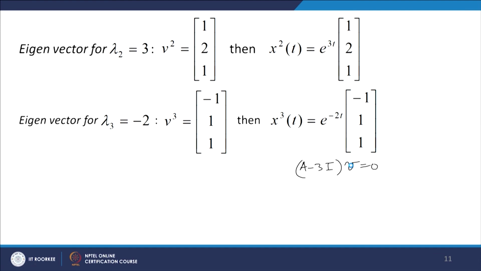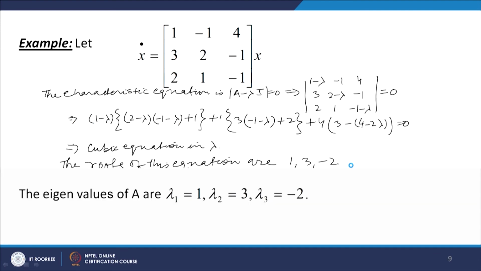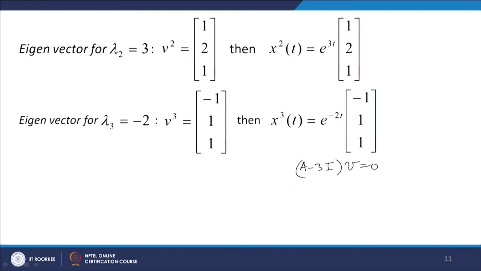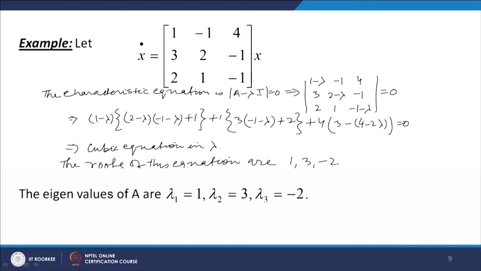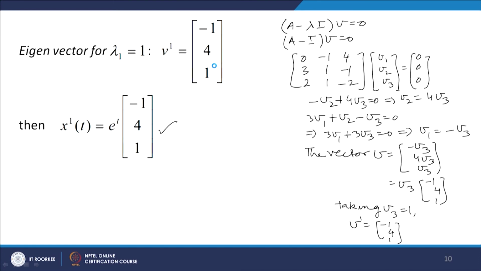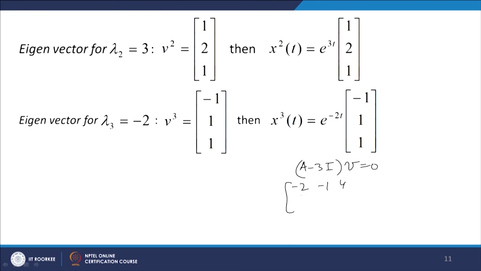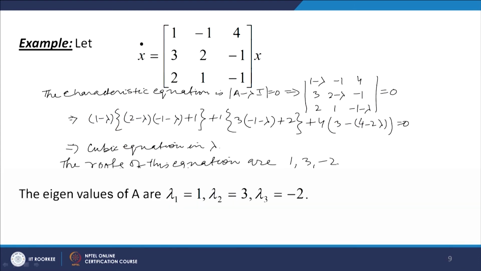A minus 3I is obtained by subtracting 3 from the diagonal elements of the matrix A. So when you subtract 3, you get minus 2 minus 1 4, and then you have here 3 minus 1 minus 1, and then here you have 2 1 minus 4.